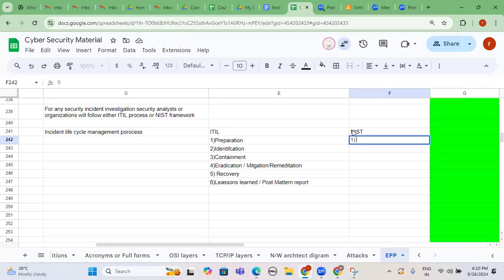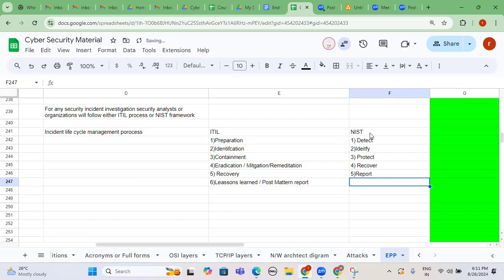Those 5 phases are: first detect, second identify, third protect, fourth recover, and fifth report.